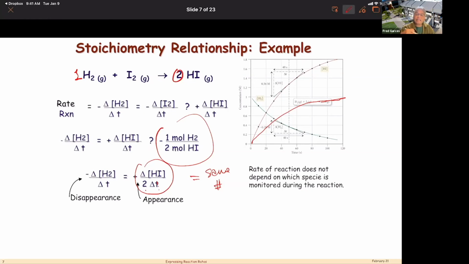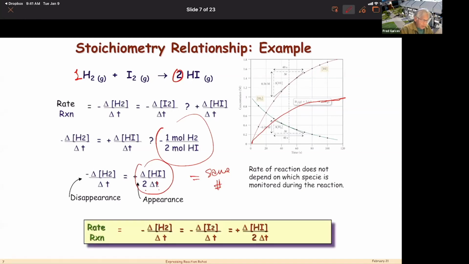Again, we're normalizing it. We're making it equal to each other so we can put it in a mathematical relationship. And the balanced equation gives you that relationship. Use the balanced equation for that. Yes, the reactants are always negative because they are always going to be consumed. Exactly, good point.